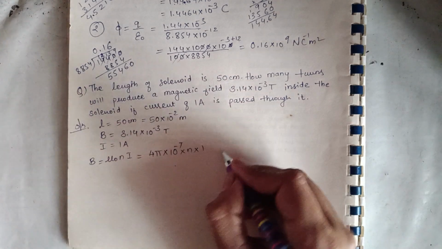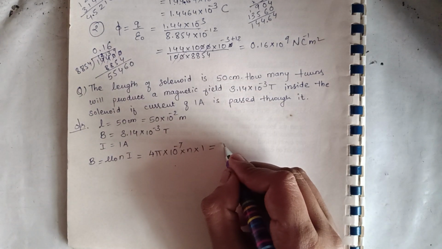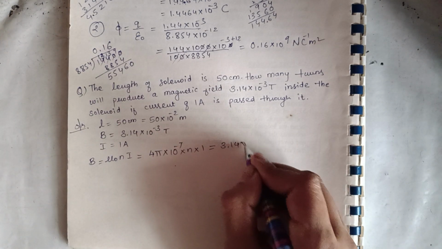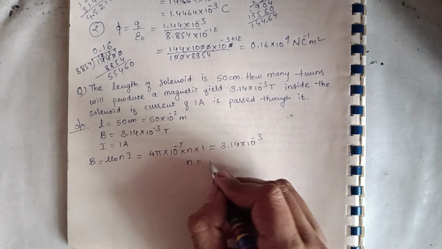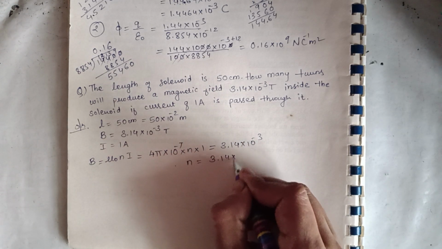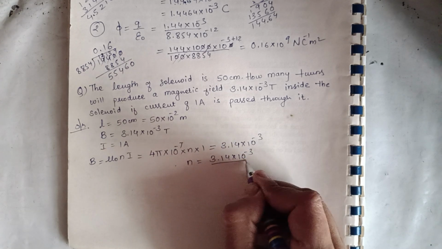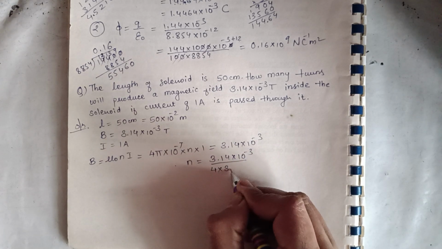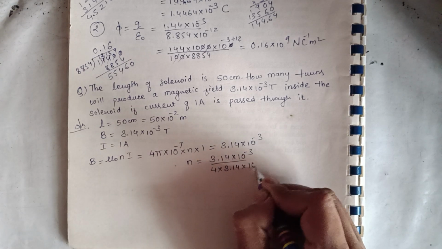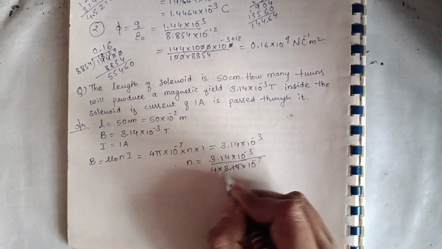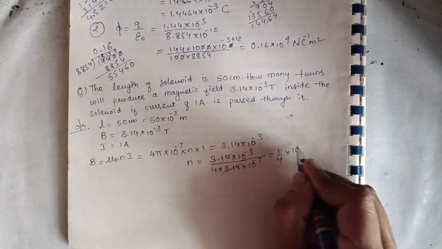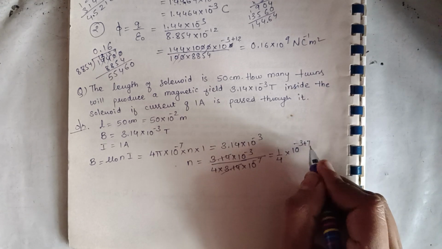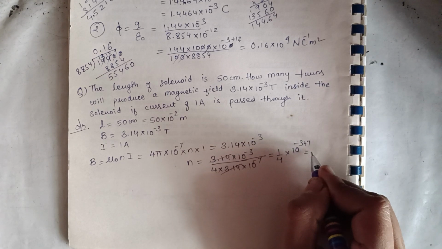B is given, so I'll write it here, minus 3. We want n, so this comes here: 3.14 into 10 raised to minus 3 upon 4 into 3.14 into 10 raised to minus 7. So 1 by 4 into 10 raised to minus 3 plus 7, which is 4.